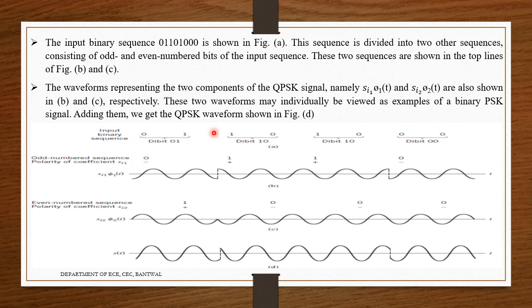So 0 and 1: the odd-numbered bit we call the in-phase component, and the even-numbered bit we call the quadrature phase. Similarly here also 1 0 1 0 0 0.